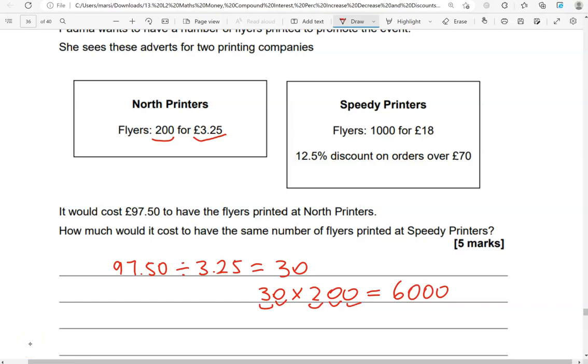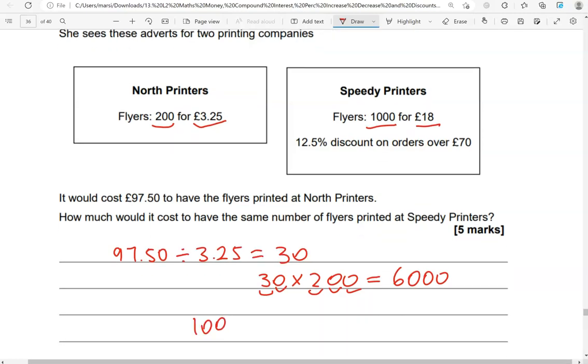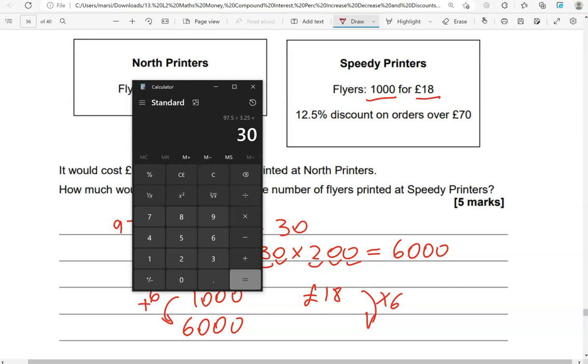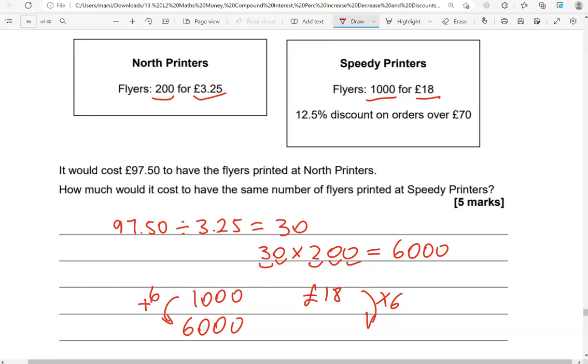So at Speedy Printers, 1,000 of them cost £18. So 6,000 of them, that will be 18 times 6, which is £108. 12.5% discount on orders over £70.